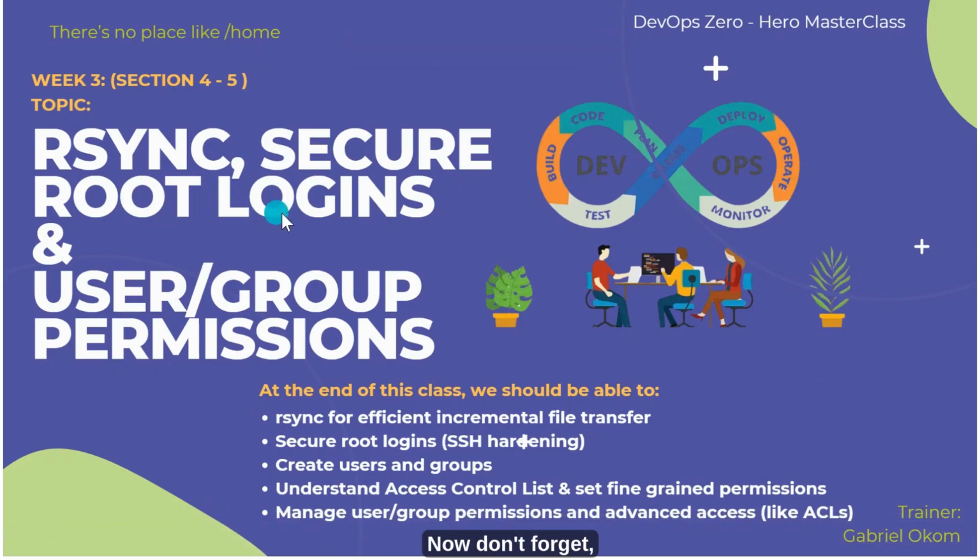Now, don't forget when we started with SSH, I talked about sudo. Okay, that sudo is a privileged user or a super admin user, and it is very, very detrimental to a company or to you when you have your sudo exposed.